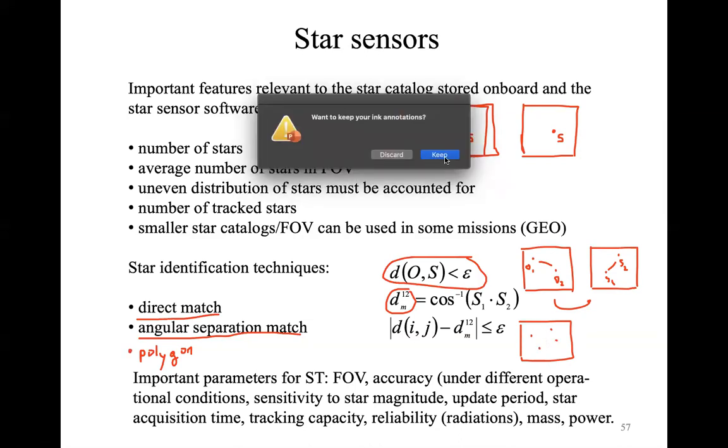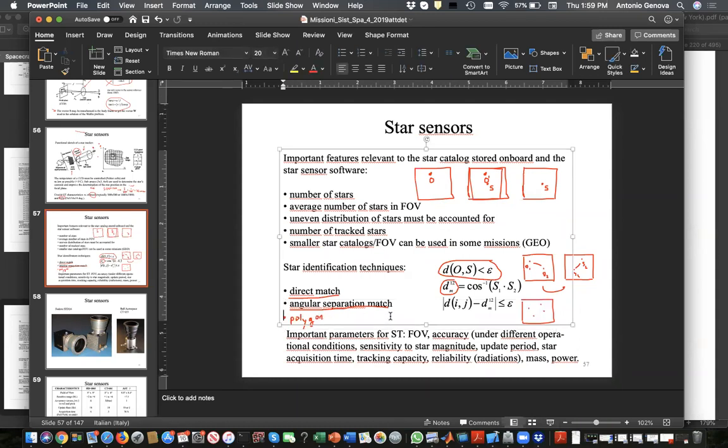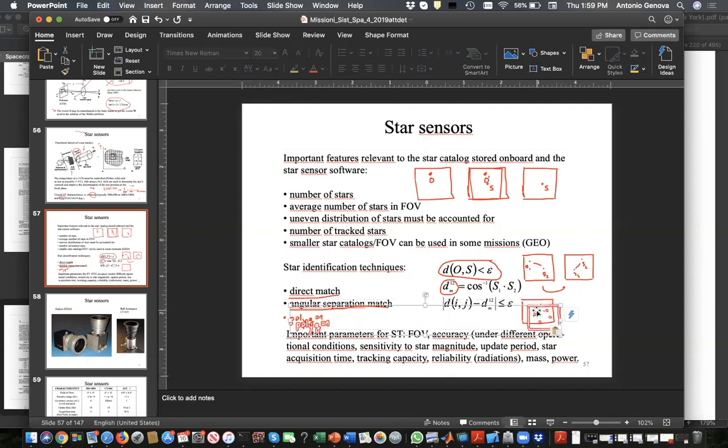Okay, this is what you have seen from the sensor.